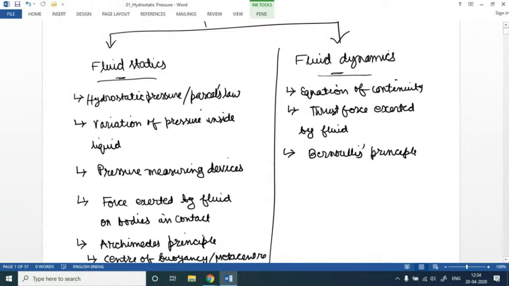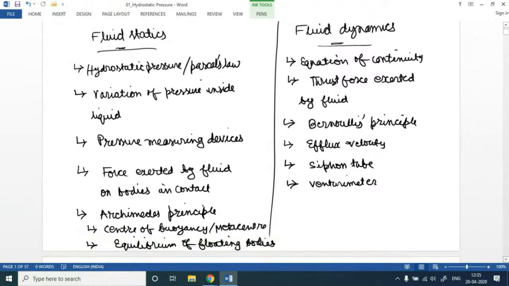which is nothing but the work energy theorem applied over some segment of fluid. And we will be looking at different applications of Bernoulli's principle, like for example the concept of efflux velocity, and the siphon tube, and we will look at Venturi meter, which is a device used to measure the flow of fluid in a pipe.